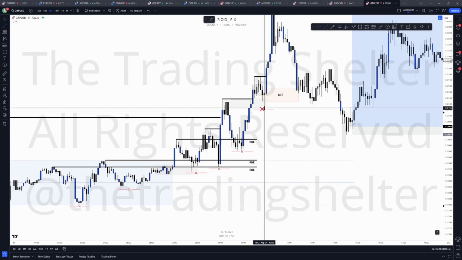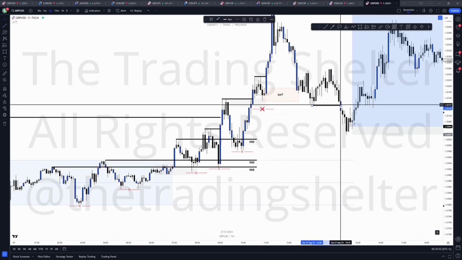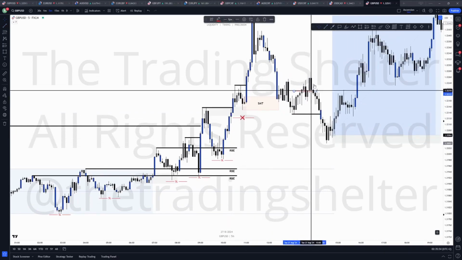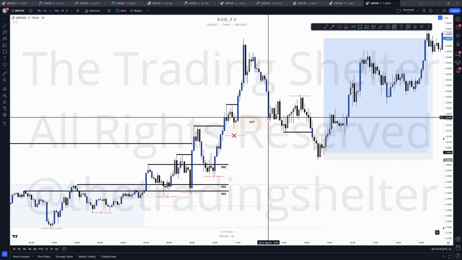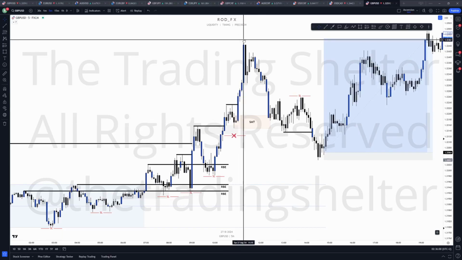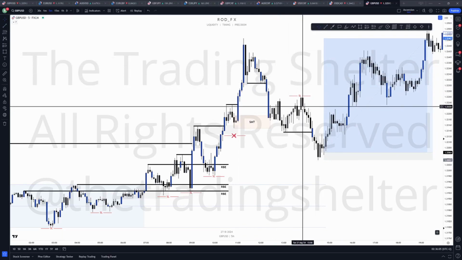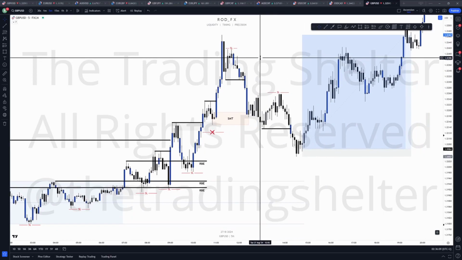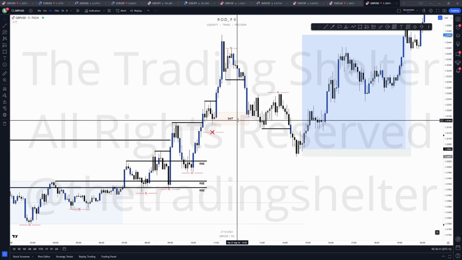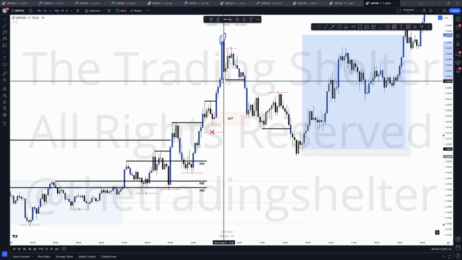But now what happens? At the same time, they're building downwards sell side liquidity. So this point hasn't made a new low, so there's potentially no liquidity here, but in an internal structure, there is liquidity here. Okay. But now what happens when this point doesn't do a new low?